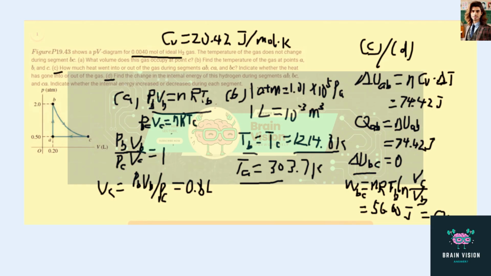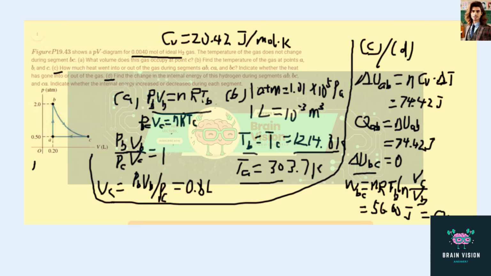And for the process CA, there is not much space for me. I'll try to make some space. I'll write it here. So for process CA, firstly we can see the delta UCA, because the internal energy only depends on the temperature, and we already know the temperatures at state C and state A, that is TC and TA.